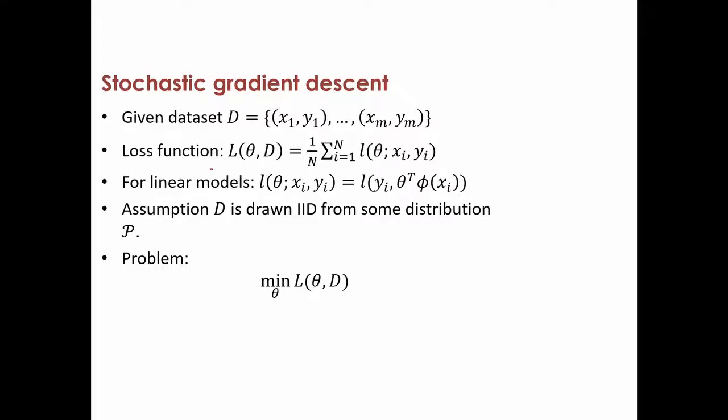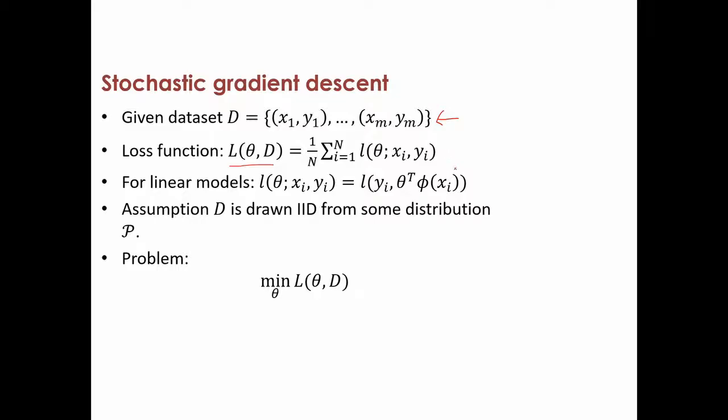So let us dive into the guarantees, or what kind of guarantees we can get for stochastic gradient descent if your loss function is a convex loss function. Your notation is going to be that you have a data set of size capital N, and you have this total loss function, which is an average of the loss over the entire data set.